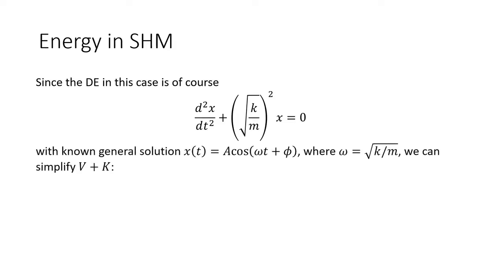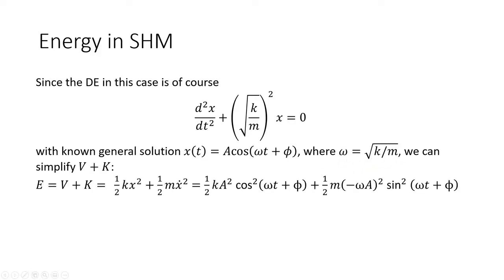Now, as we realized in the first simple harmonic motion lecture, when the force is of that form, the differential equation that we derive comes to this, where we know what the general solution is, and that omega equal to square root of k over m represents the angular frequency.